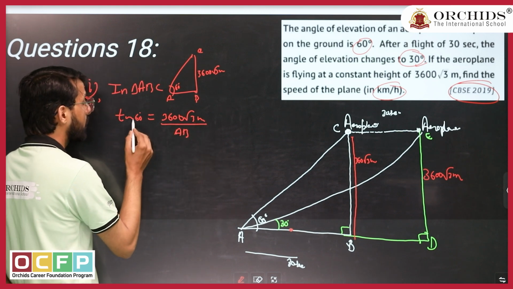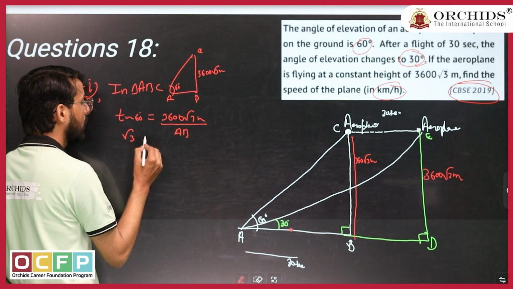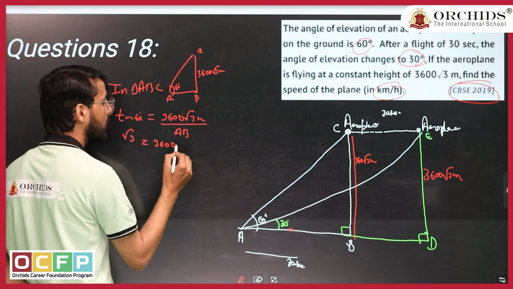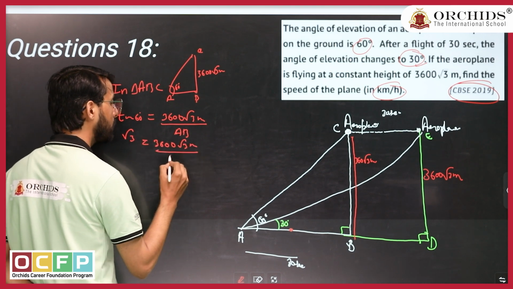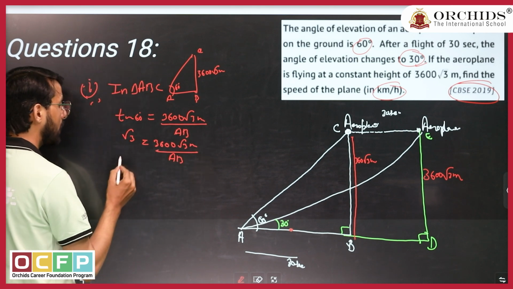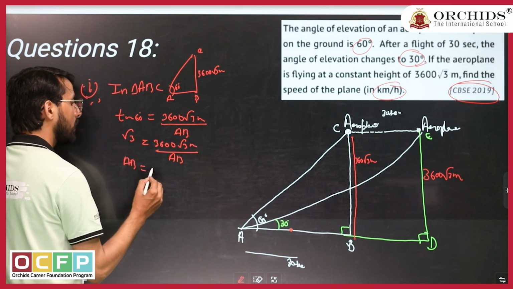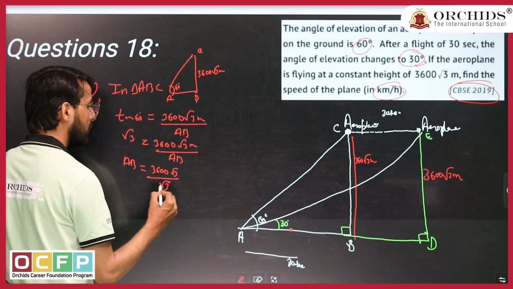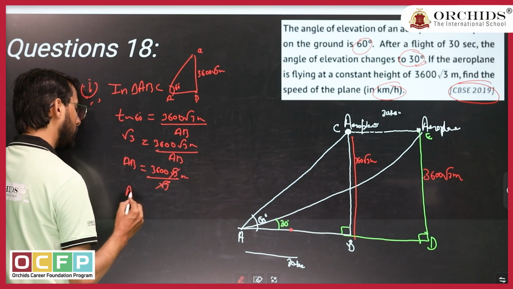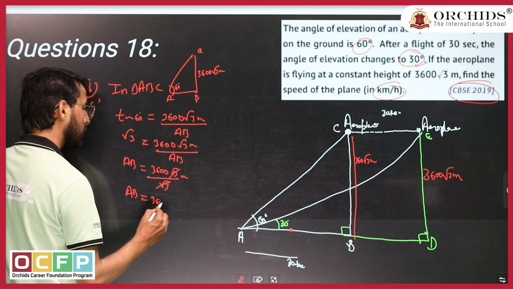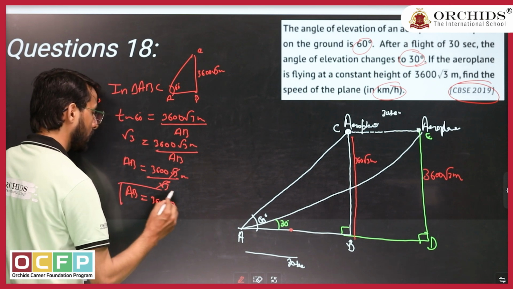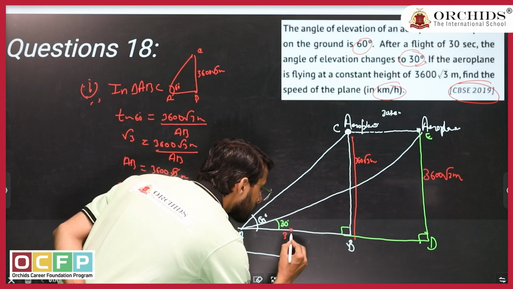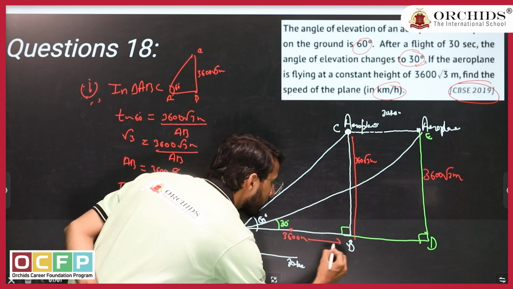So tan 60 is root 3, equal to 3600 root 3 meter by AB. So the length of AB is equal to 3600 root 3 by root 3. Gone. AB is nothing but 3600 meter. So we got the length as 3600 meter.